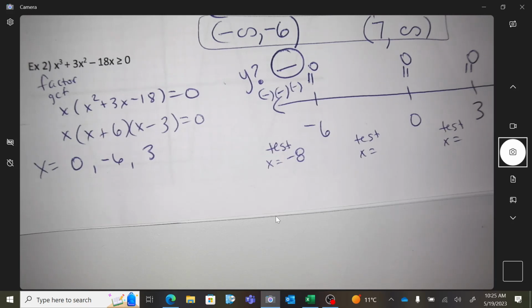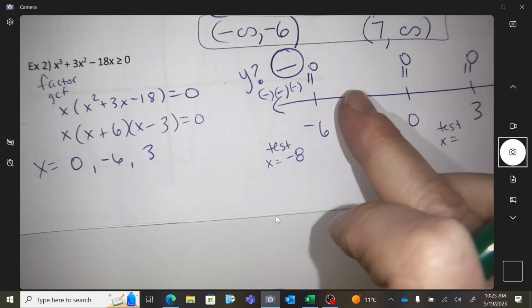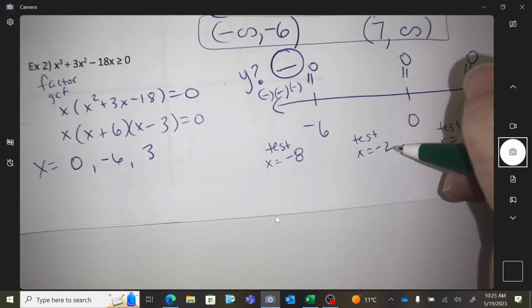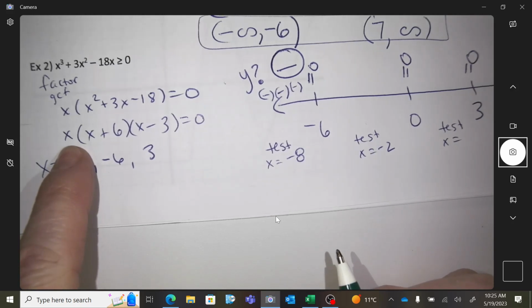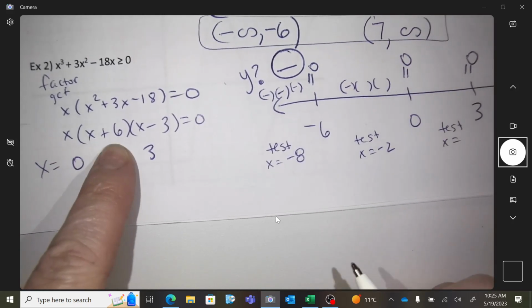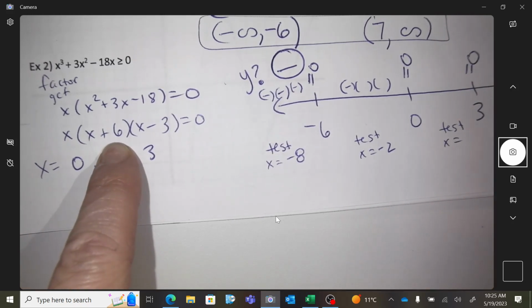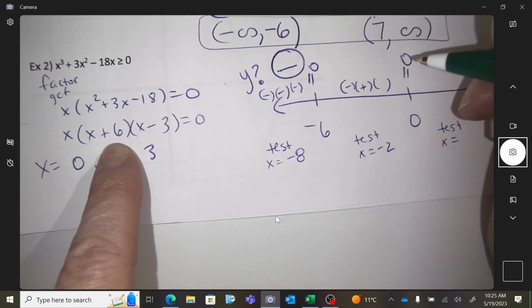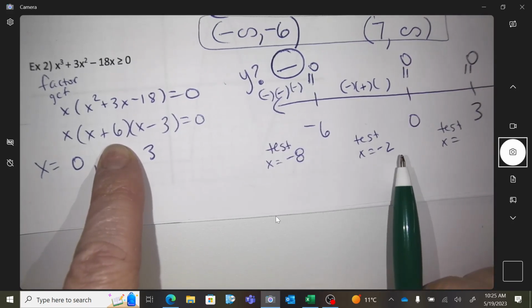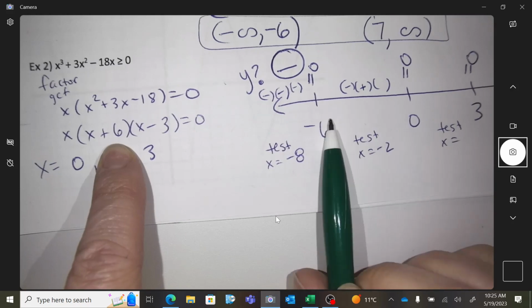Okay, some digit that's in this zone. -2. So the first bracket would be negative. -2 plus 6, positive. Does it matter what number you pick? In this zone, yeah, you could do anything between that and that.